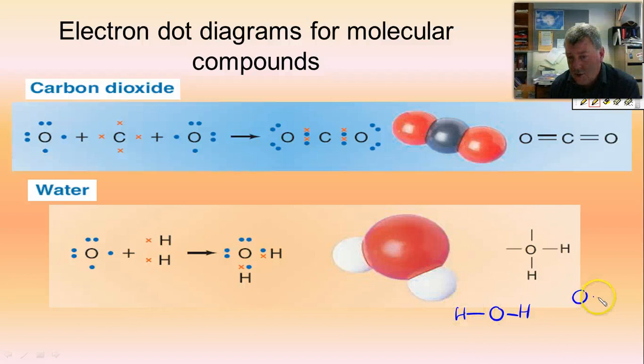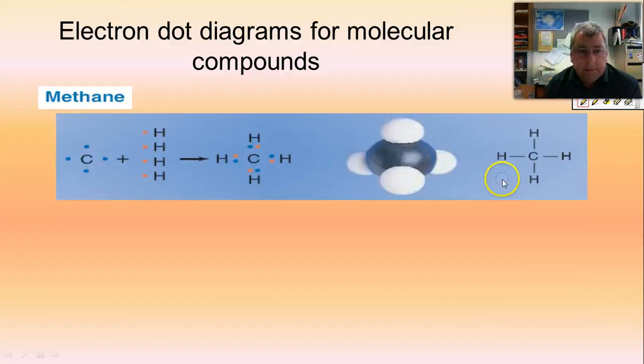Okay, you can be tricky if you want and put it like that. Recognizing that this is a 2-dimensional representation of something that's actually 3-dimensional, and so we are making compromises with our drawing anyway. But we recognize that.